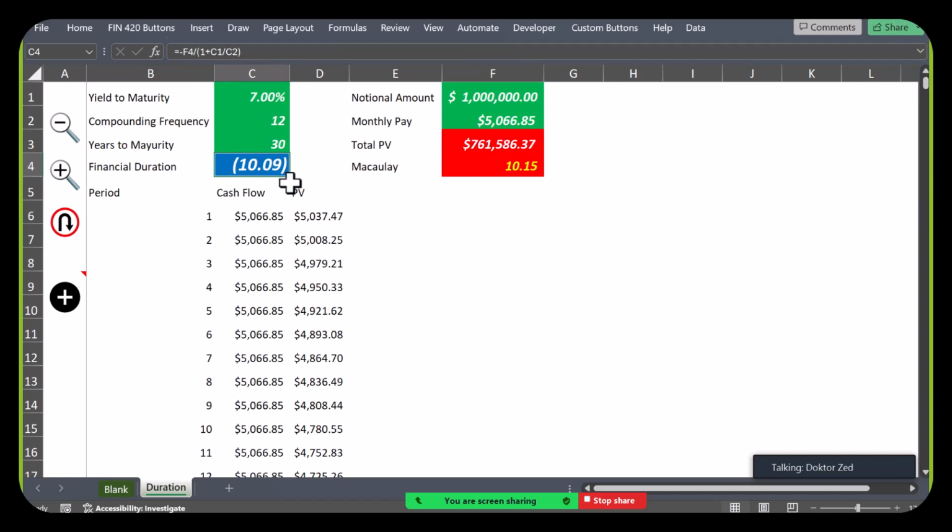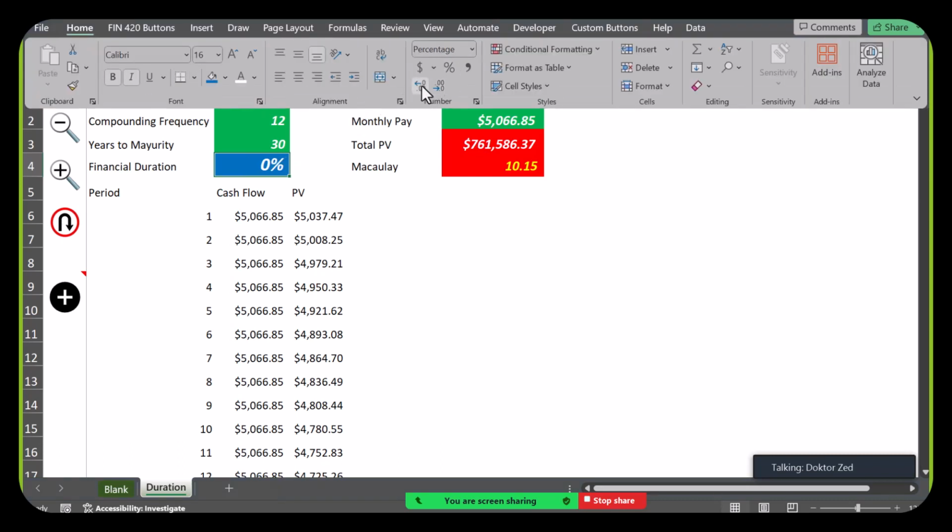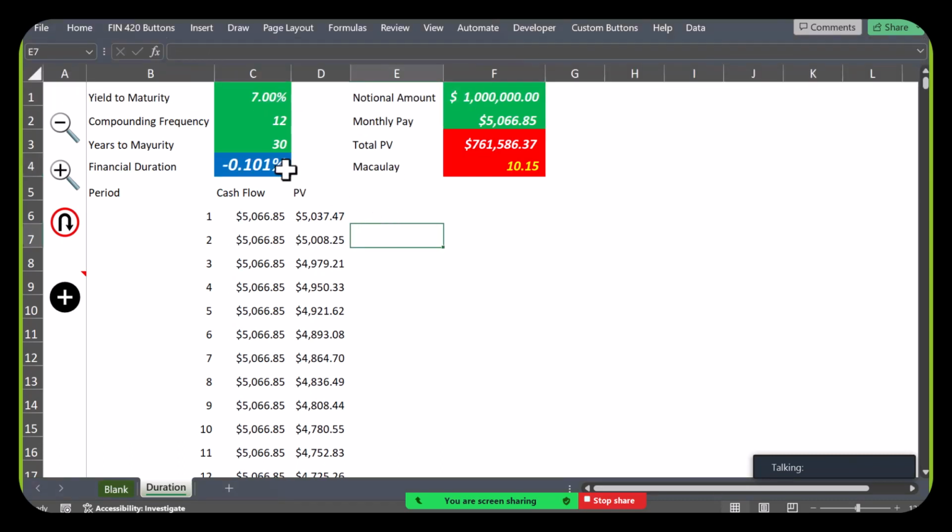But for small enough changes, you can think of this as if you divide this whole thing by 100, or actually 10,000, and express that as a percent, this basically says if the interest rates went up by 1 basis point, the value of your mortgage is going to decline by 0.10%. That's kind of the idea, right?